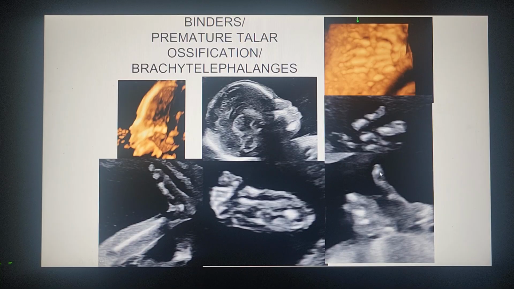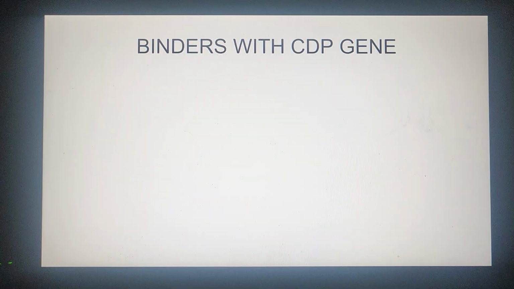So you can see that the terminal phalanges are significantly smaller. The 3D shows it much clearer, and this is a brachytelephalanx, which is an association of binders along with a premature ossification, telling that this is possibly a case of a CDP or Chondrodysplasia punctata along with the binders. Again, there was termination and there was no proof.